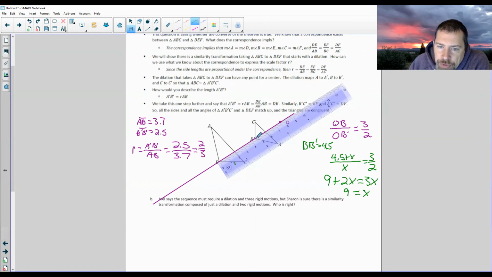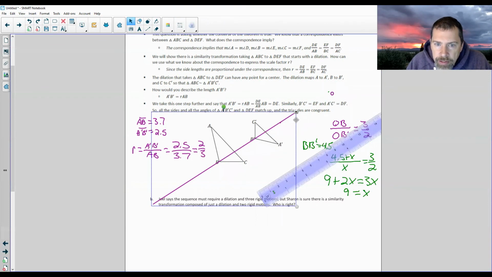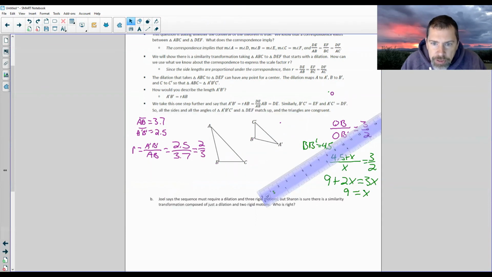So if x equals 9, and that's my B prime to O, I need to measure from B prime to O a length of 9. Let's see if that works. So 9 is right here. So let's move this O to here and get rid of this O. And let's delete that and redraw it.